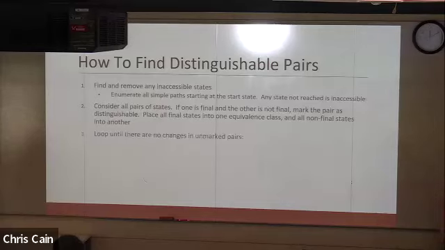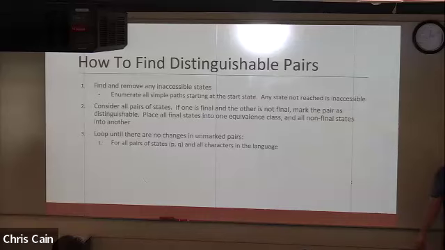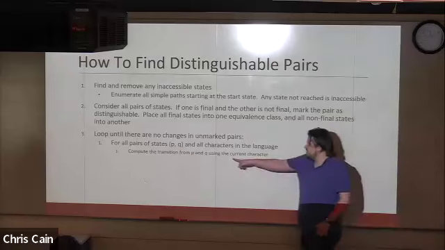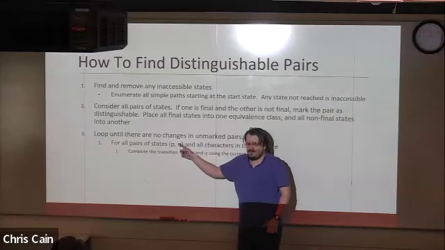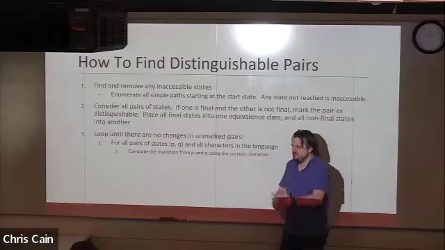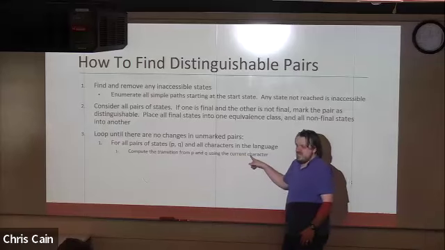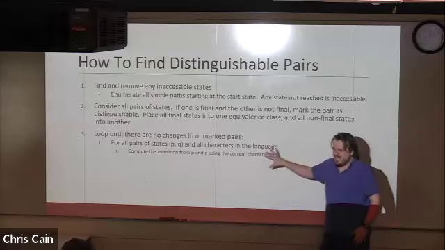Then we are going to enter a loop. We're going to iterate all pairs of states and all possible characters in the alphabet of the language. As we do this, we're going to transition from these two states, P and Q, that we're looping for every possible pair of P and Q. We're going to say now, imagine consuming the current character in the alphabet as an input.